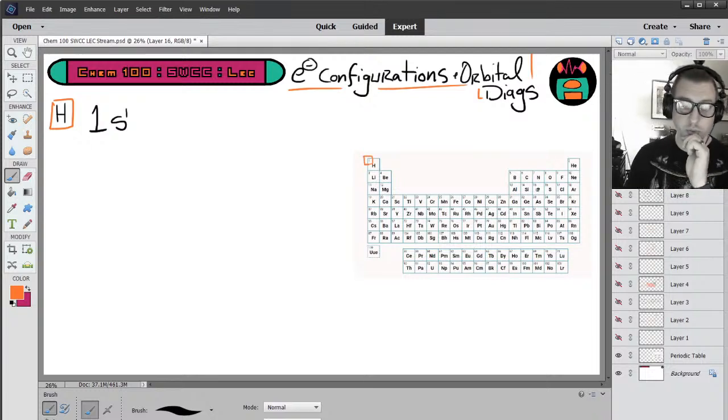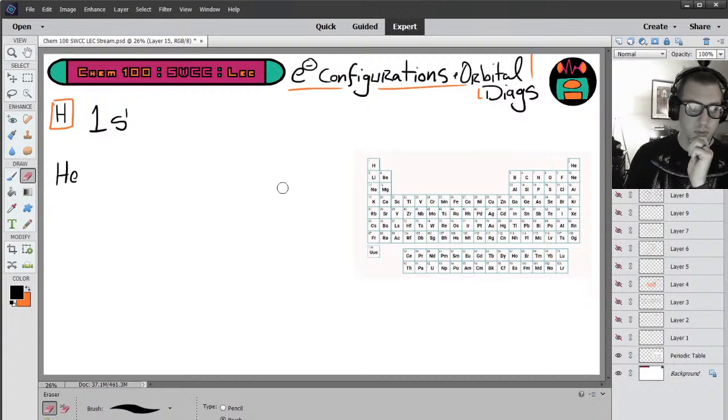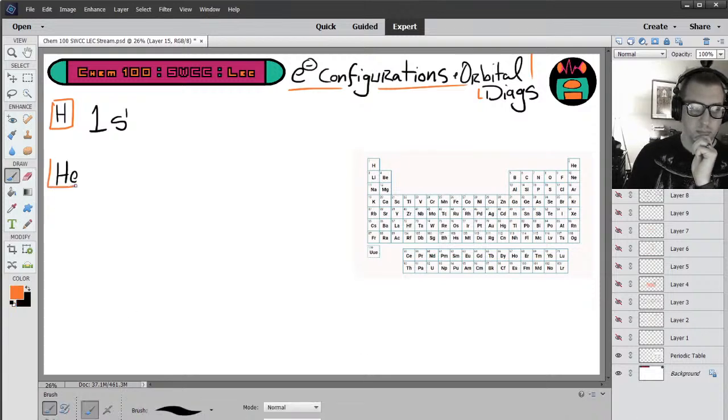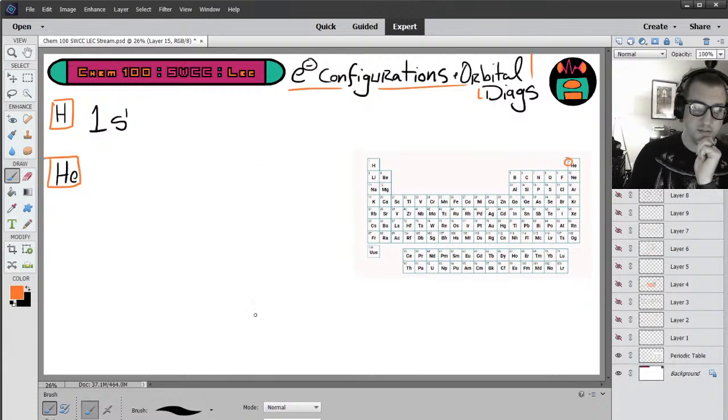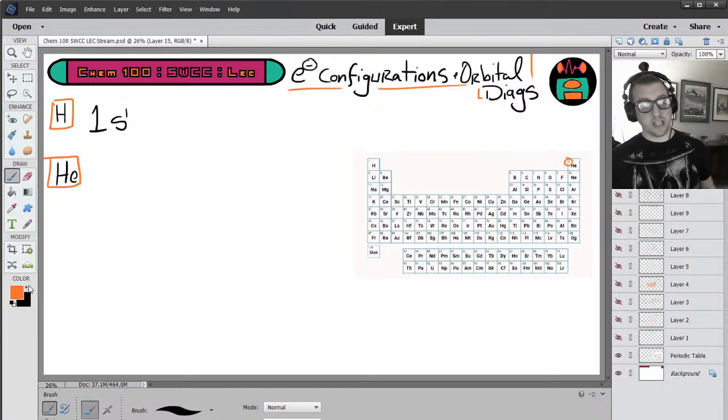Let's write the electron configuration for helium. All right, now helium has 2 electrons, all right? We know where the first electron is going to go, right?